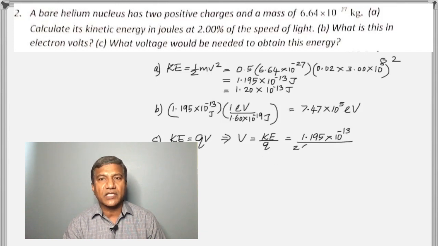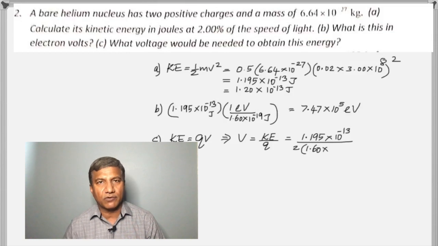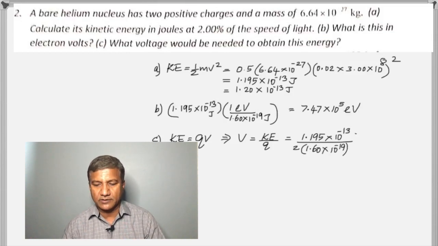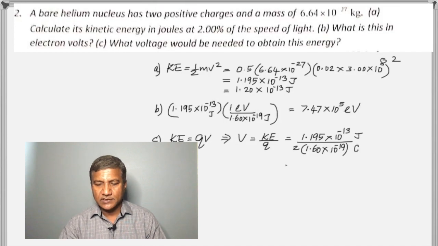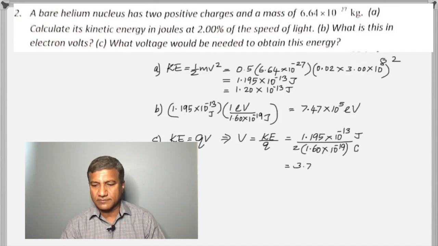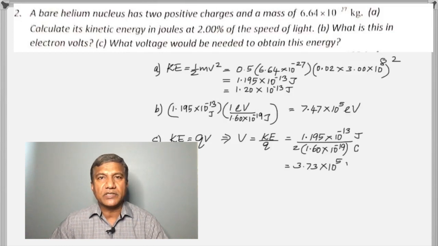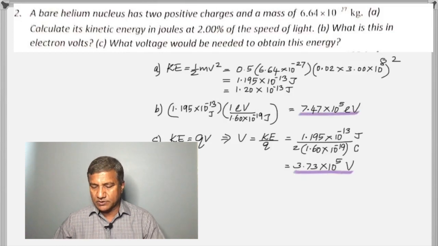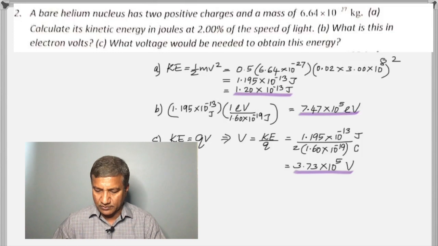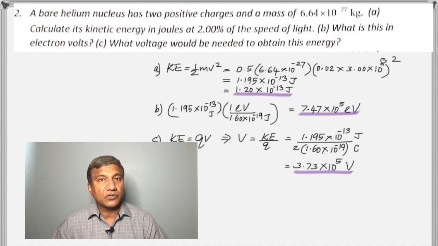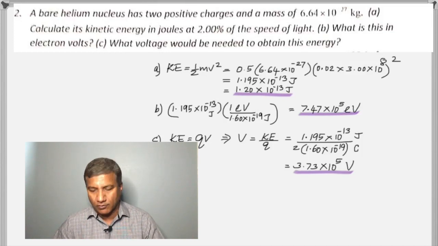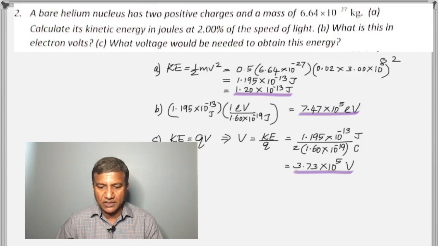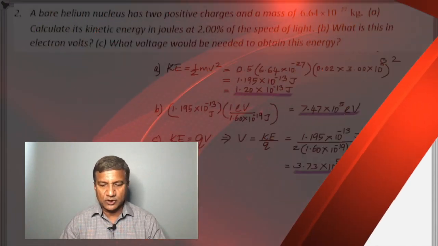Now that we have the kinetic energy, you just got to divide it by the charge to get the voltage, which comes out to be, when you calculate, because that's the charge of the electron, 3.73 times 10 to the 5 volt. So that's 0.373 million volts required to accelerate it to that speed.